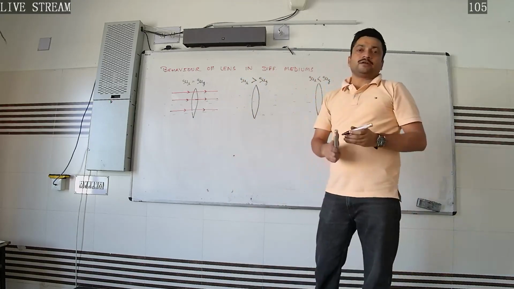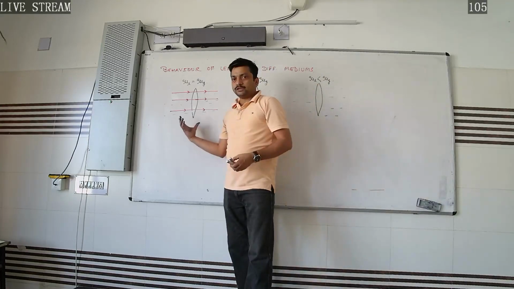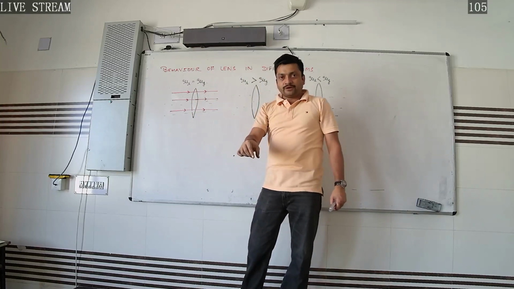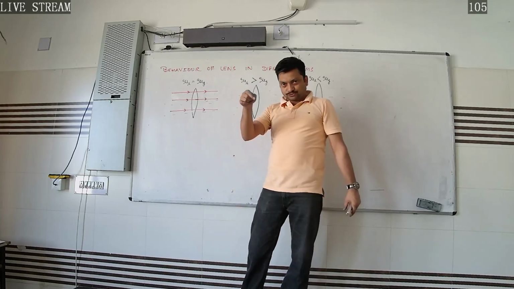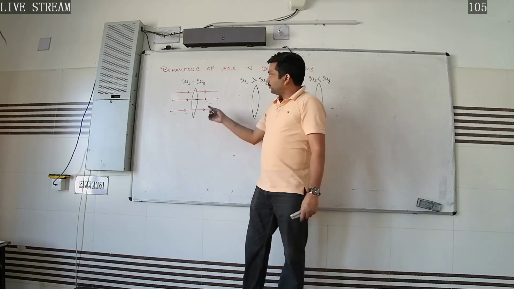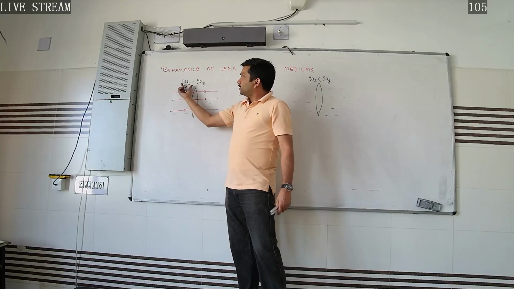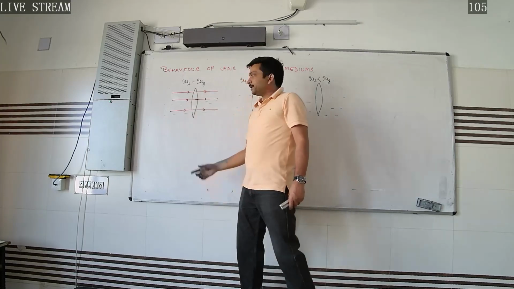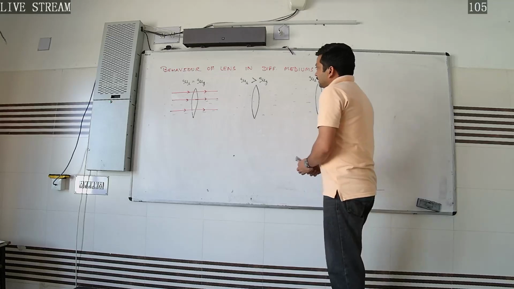This is similar to when a magician immerses a piece of glass inside a liquid taken in a glass, and that piece of glass disappears due to this phenomenon, because the refractive index of both the materials is the same, and they behave like plain glass, and it disappears when it goes inside the glass.